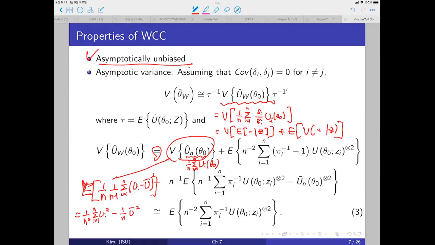This is a little bit messy algebra, but you can basically see that you have a square minus 2 times the cross product and then minus u bar, and then you have some cancellation.